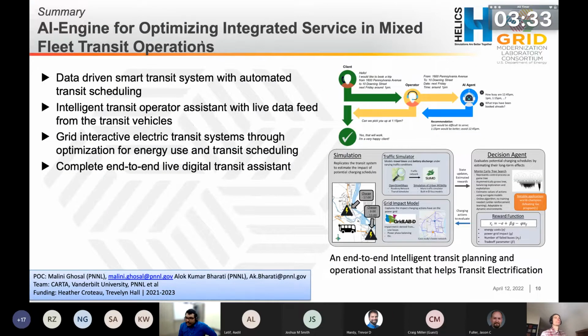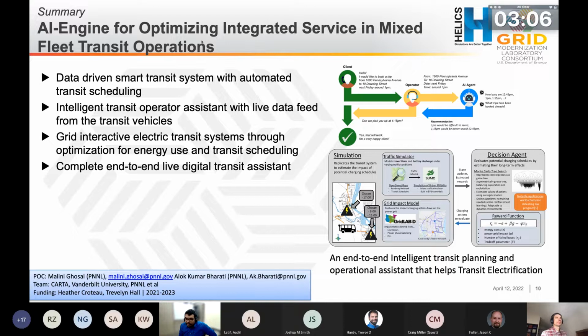So this project deals with developing intelligent transit system operator assistance. It involves various modules where we are looking at live feeds from the cameras mounted on the buses to understand the passenger count and also help with scheduling the transit system.